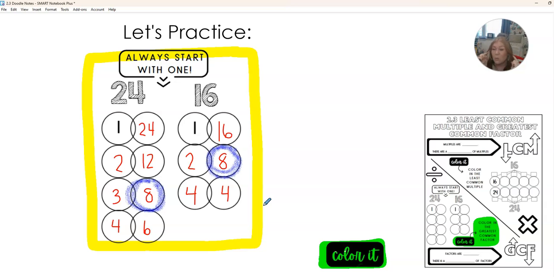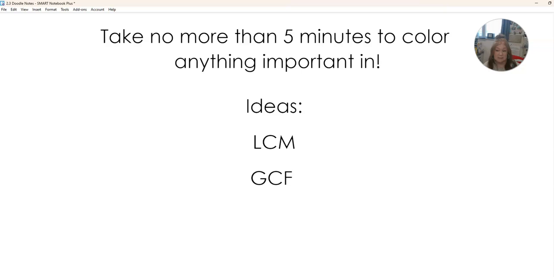You have to think about what are multiples, what are factors, and then do the least and greatest part. So you're going to take no more than 5 minutes to color in anything important, some of those words, things like least common multiple, GCF. The divide and multiply signs help you connect what those words mean.